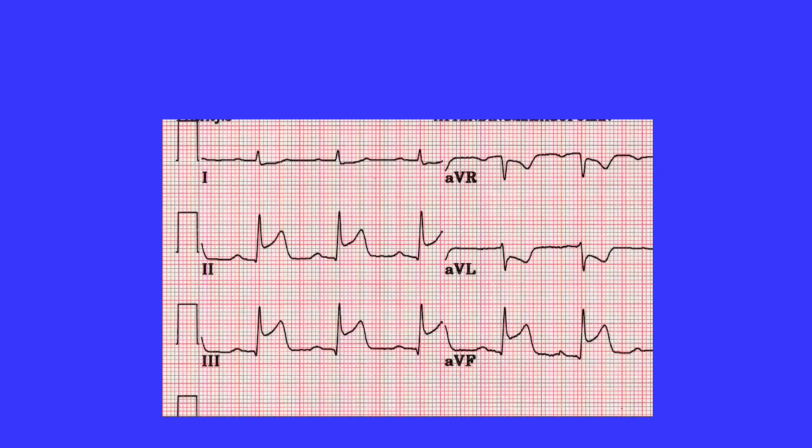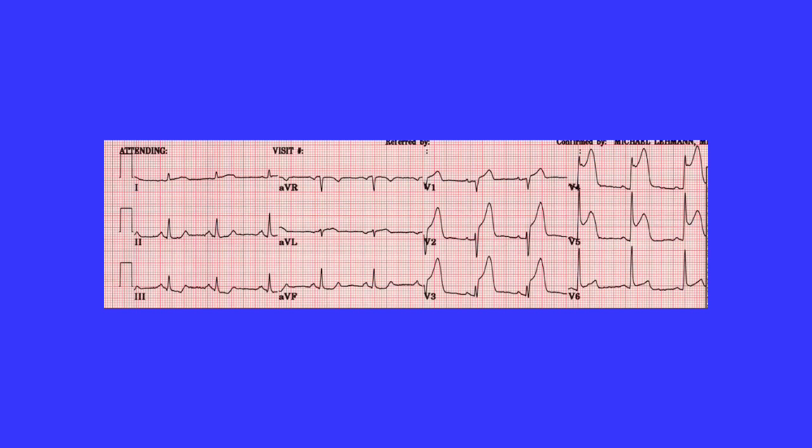What kind of myocardial infarction does this patient have? Inferior wall or anterior wall? These are limb leads 2, 3 and AVF, where the ST is elevated, suggesting inferior wall myocardial infarction.